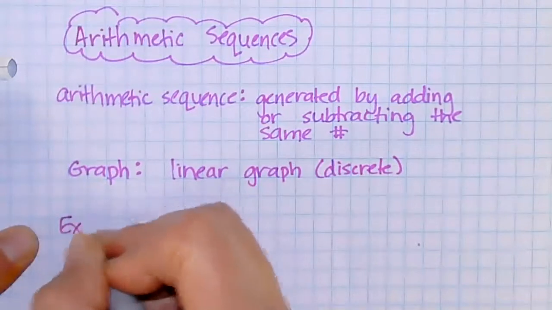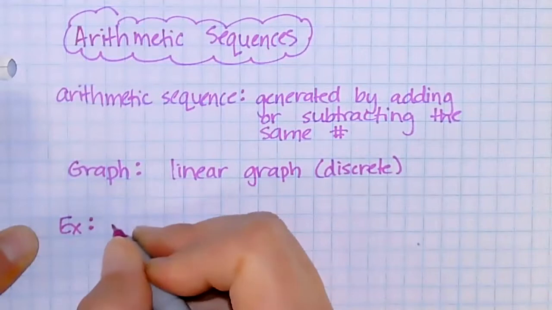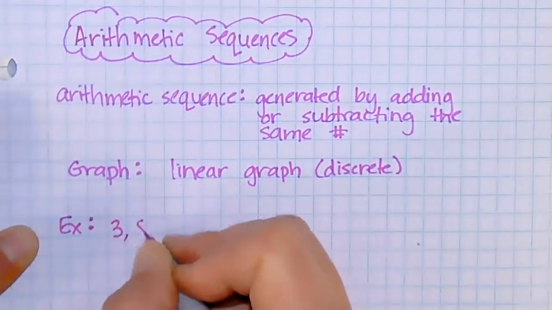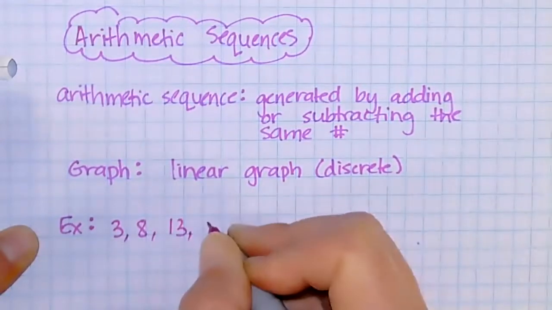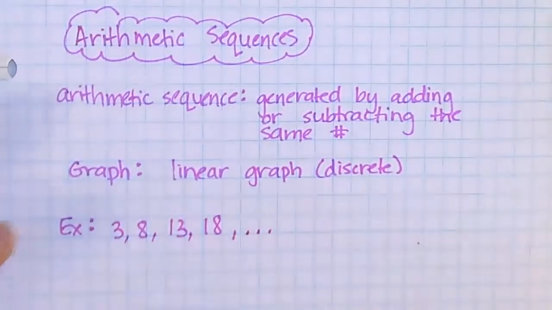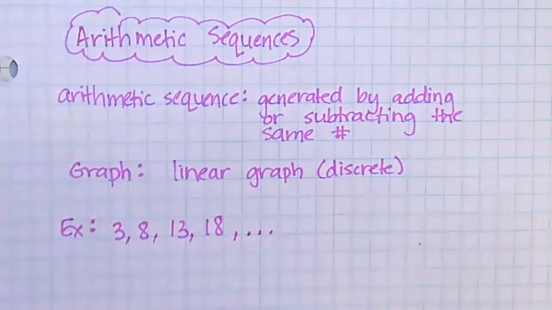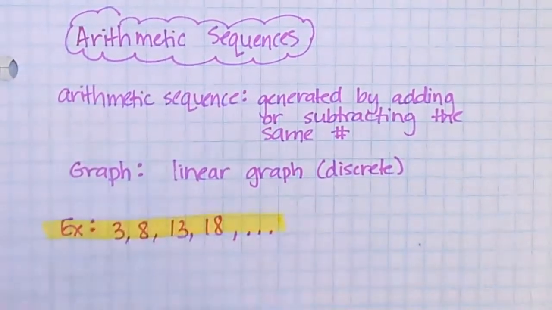So an example would be if we have 3, 8, 13, 18, ... For this sequence, we're trying to figure out what we are doing every single time.